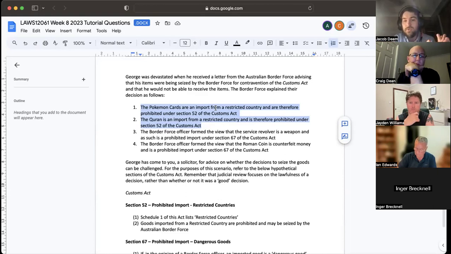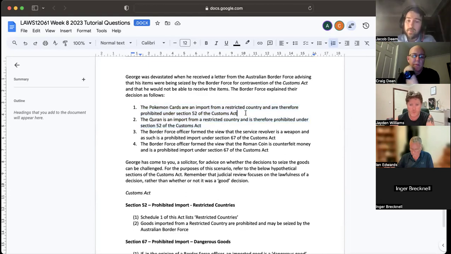It wasn't from a restricted country. They shouldn't have been even thinking about whether they could seize that import or not. There was a jurisdictional error. There was a problem with the decision-making process. And so item 1, the decision to take the Pokemon cards, invalid.